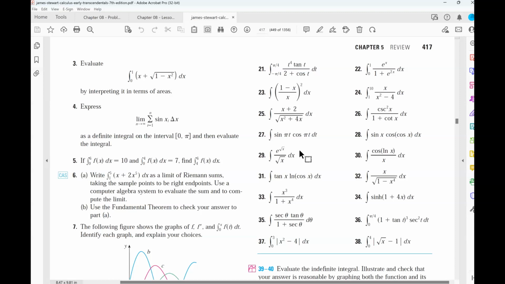Either one would work, because when you take the derivative of sine, you get cosine. When you take the derivative of cosine, you get negative sine. And now there's going to be an extra factor of pi rattling around because you have to chain rule the derivative. But that's okay, that's just a constant.